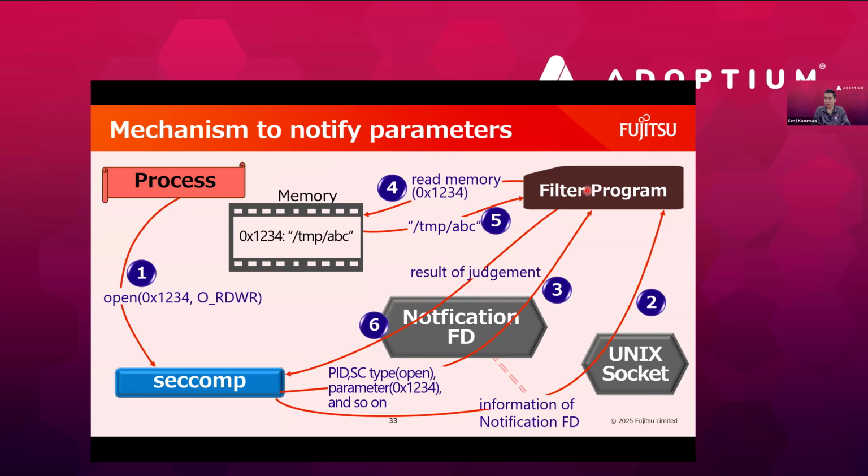And the filter program uses this information to analyze the target process in user space. This time, the filter program reads the memory address 0x1234 and gets the actual file name. And this program uses this information to make a decision.